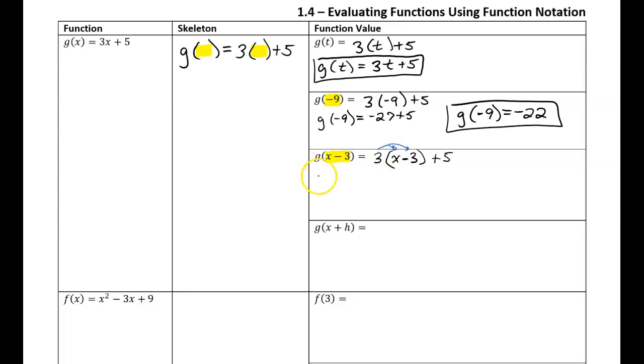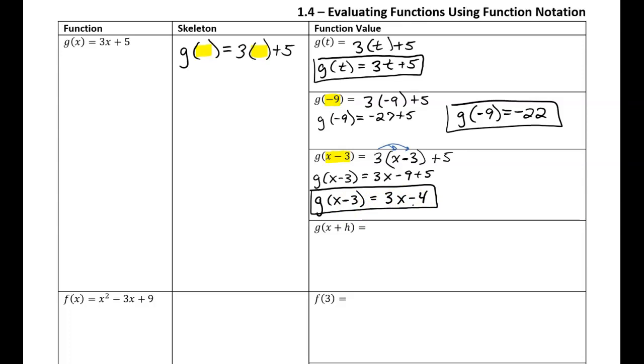Let's actually get rid of them. So order of operations, when I multiply that 3 in, I'm going to have 3x minus 9 plus 5. So we're going to have that the function g of x minus 3 is equal to 3x minus 4. So the function g of x minus 3 is equal to 3x minus 4 is our answer.